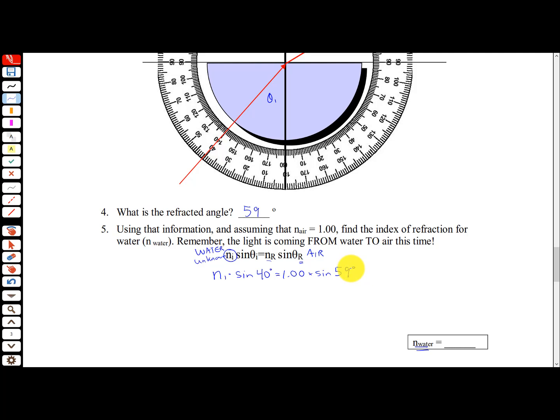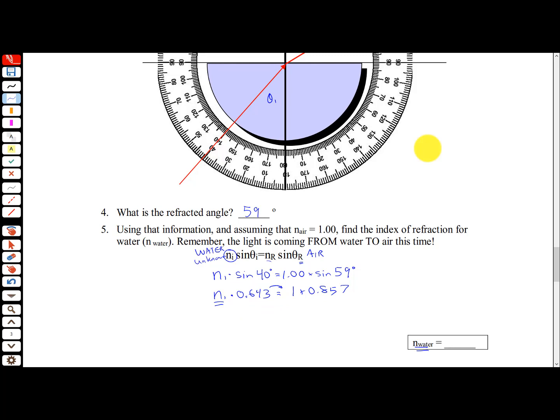So sine of 40, and Ni remains our variable that we're solving for. Sine of 40 is 0.643, and sine of 59 degrees is 0.857. Now, Ni is our variable we're solving for, and we want to isolate that variable, so we need to get this to the other side.